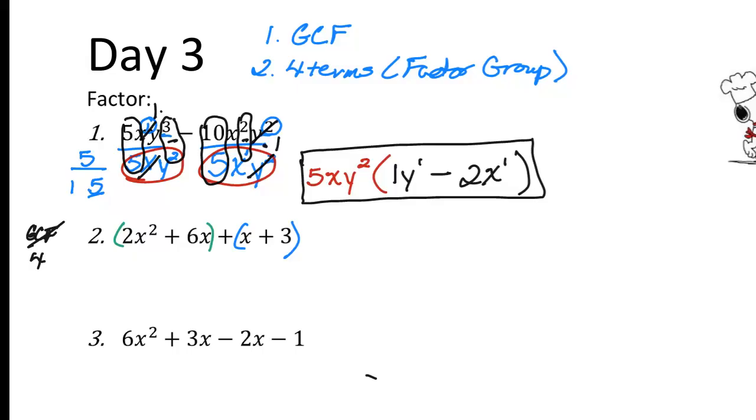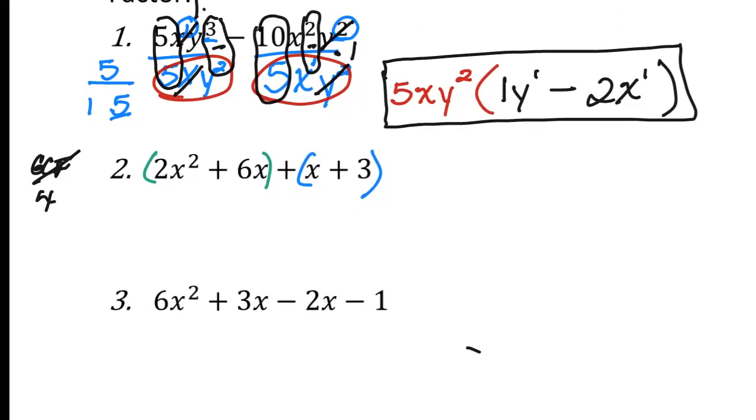As I look at the first set, 2x squared plus 6x, find your smallest coefficient, which is 2. Its factors are 1 and 2. And yes, 6 is divisible by 2 evenly, and 2 is also. And I have an x squared and an x.